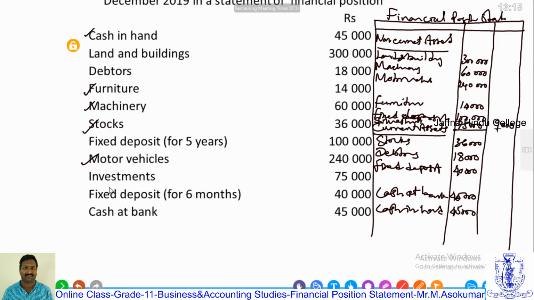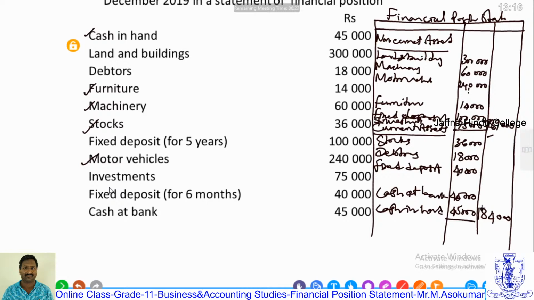Total non-current assets 789,000. Then the subtotal of current assets, 184,000.